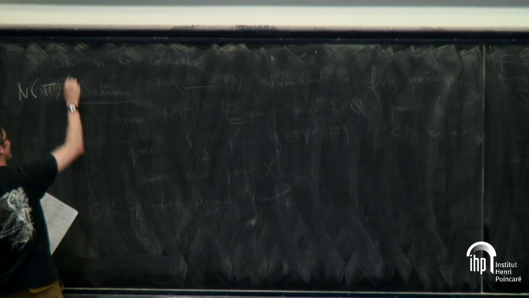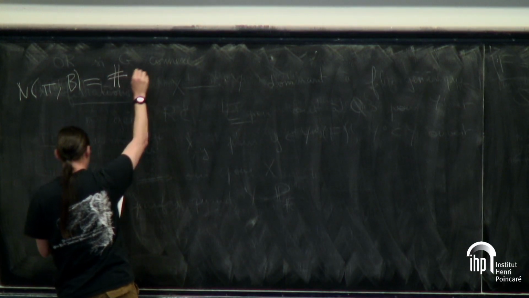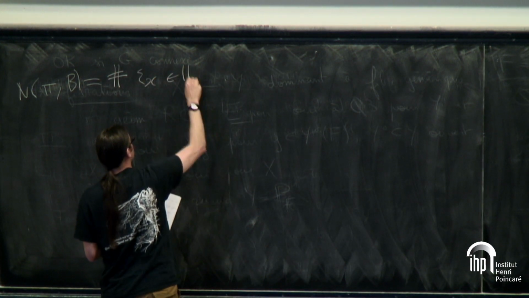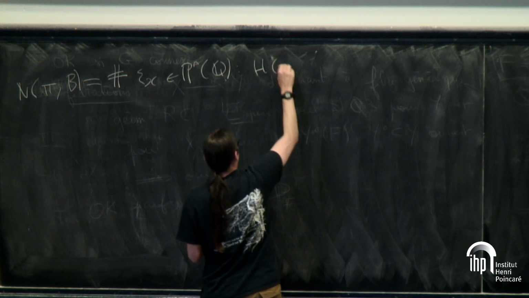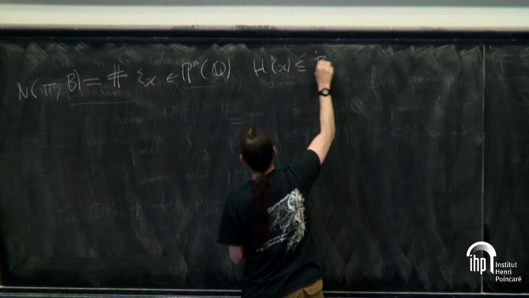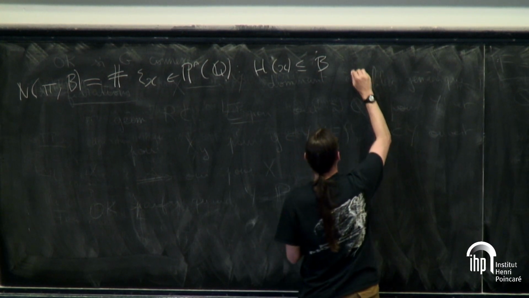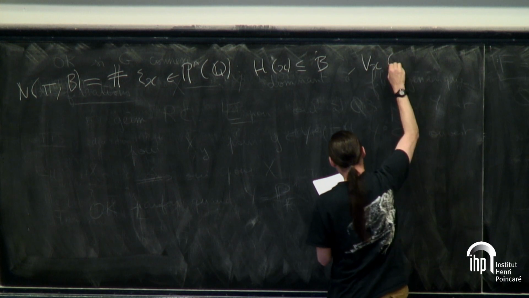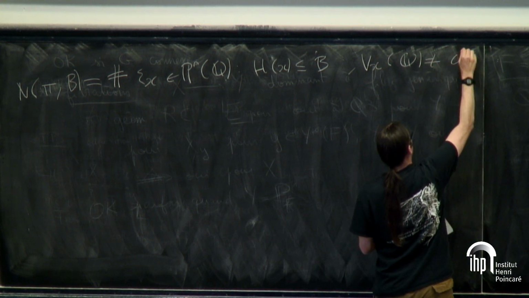So I introduce the counting functions. This one is counting the number of varieties in the family with a rational point. So points x in projective space, height less than or equal to B, such that the fiber has a rational point.